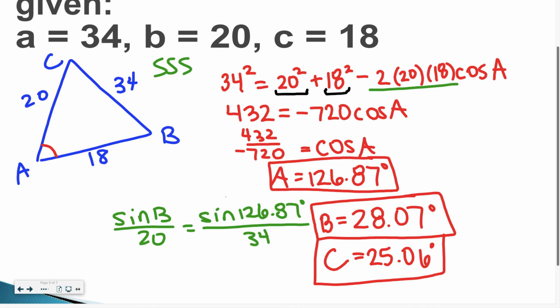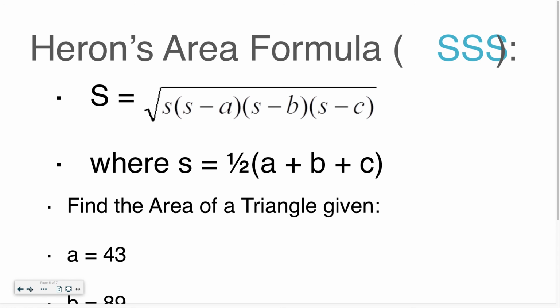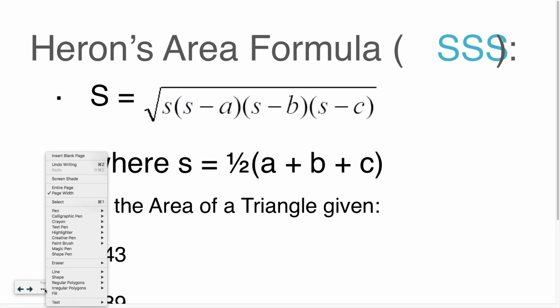You know all 3 sides of a triangle, you can plug into this formula and find the area without knowing a height, without knowing an angle. It takes care of all of the geometry for you. I'll have you write it down, and then we will go through an example together.